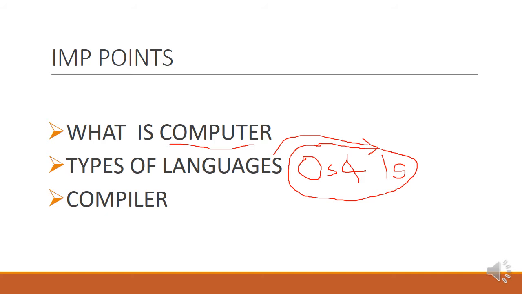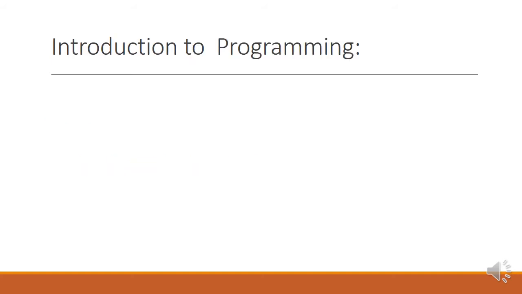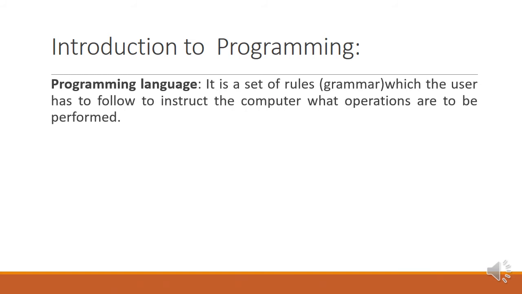Okay, in detail about these languages and the compiler you are going to study in the next slides. In this slide you are going to understand what do you mean by programming, what do you mean by software, and what do you mean by coding.